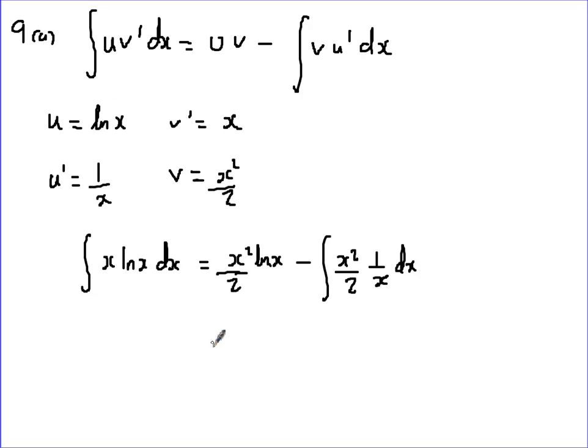So we've then got this bit already sorted. Now we're going to integrate this. This will cancel, so we can actually take the half outside. That'll cancel. We're just left with the integral of x.